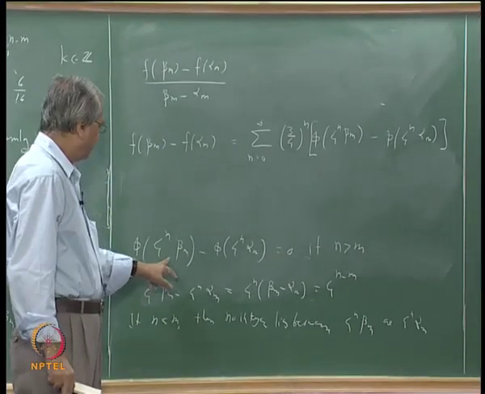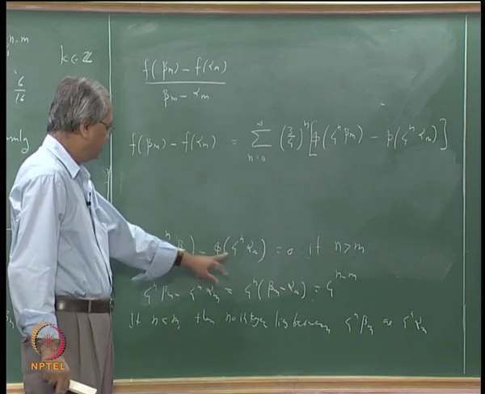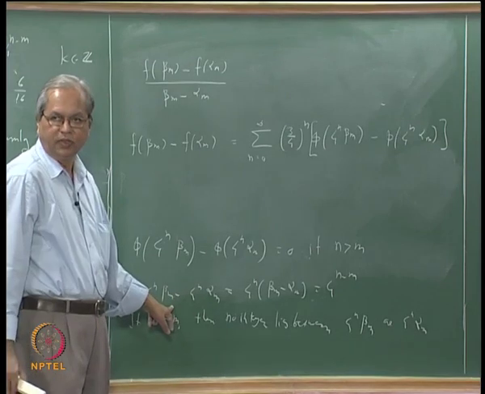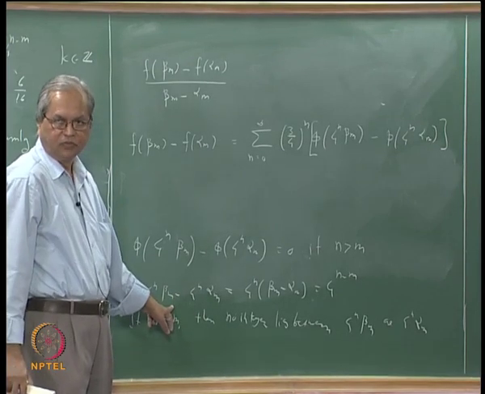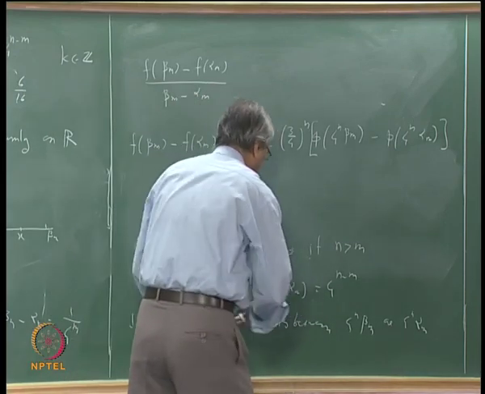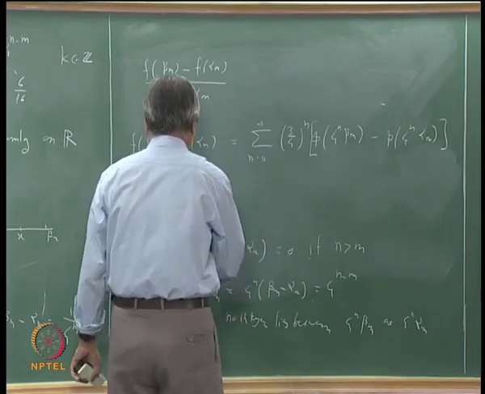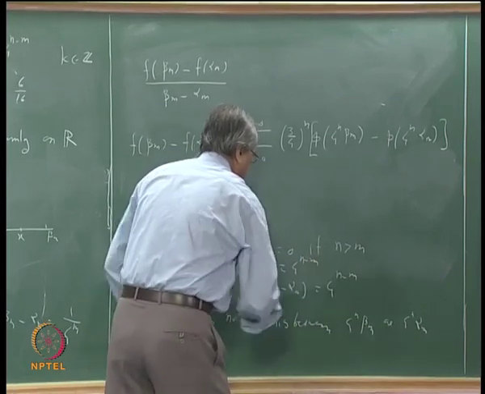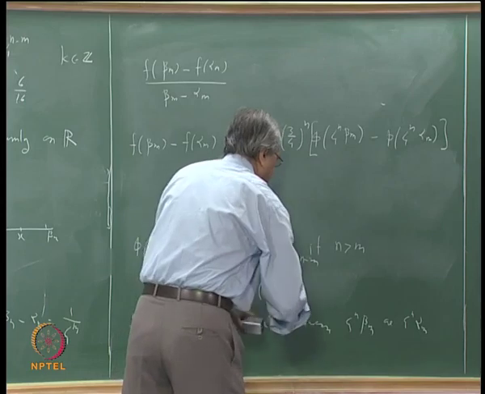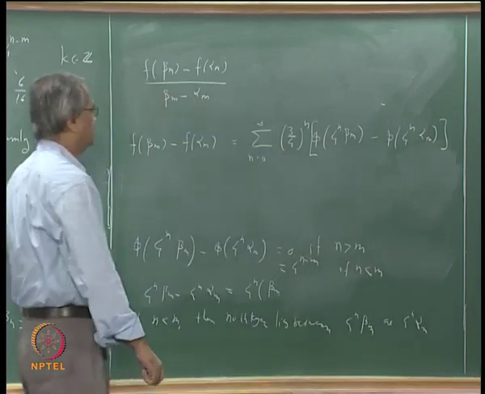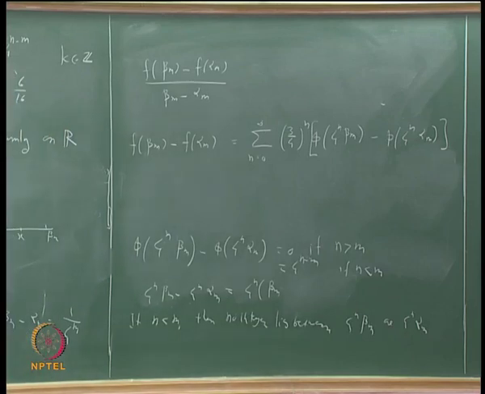That is, phi of 4 to the power n beta m minus phi of 4 to the power n alpha m will be the same as the difference between the two, which is 4 to the power n minus m, if n is less than m.